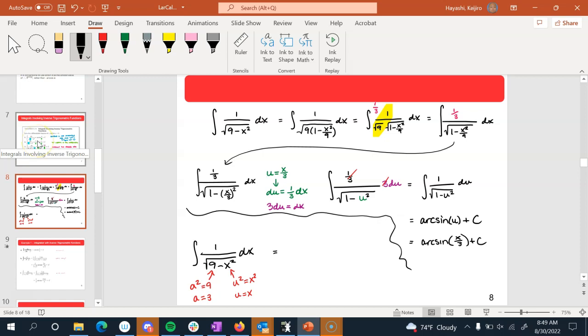Following the formula from the last slide, you would simply get that this is the arc sine of u over a, so x, because that's our u this time, over 3, because we identified 3 as our a, since we had 9, and 9 is supposed to be a squared.